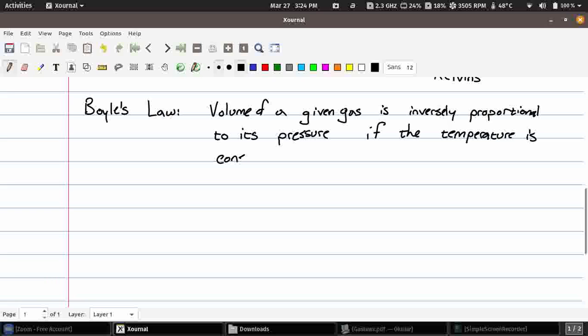That means it stays the same. So let me underline that. Stays the same.